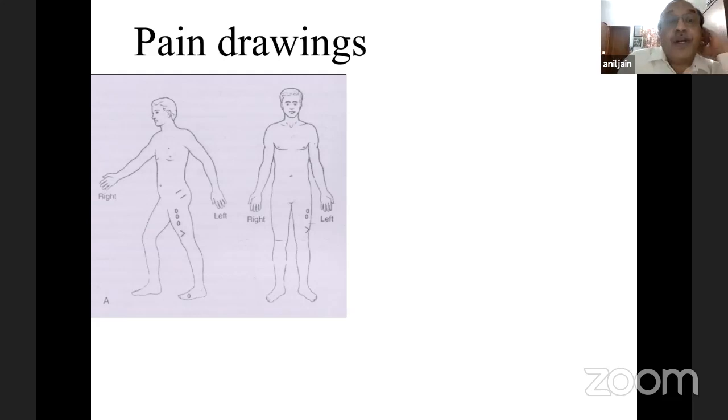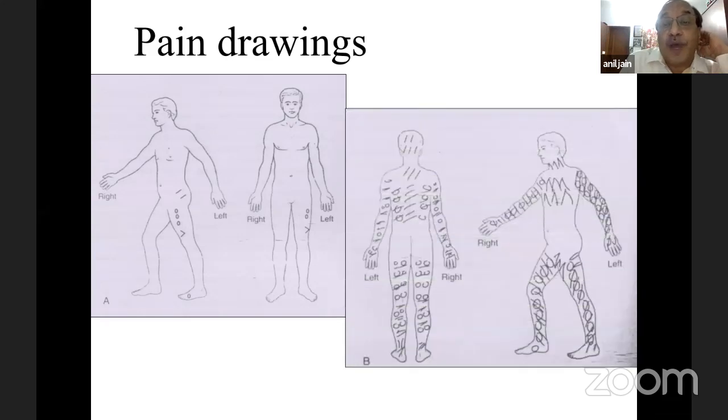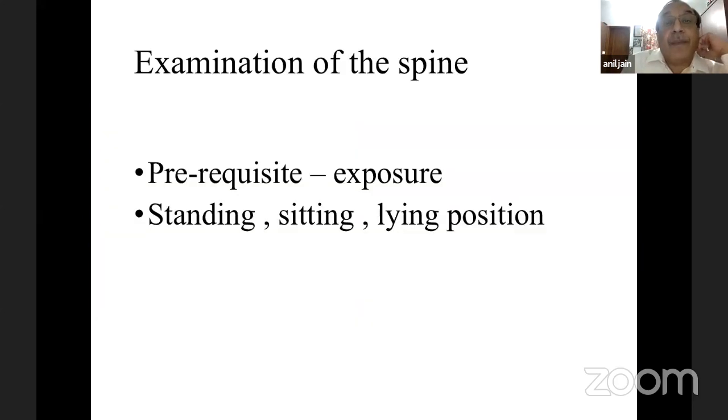So it is not a bad idea to give them a drawing like this and ask them to draw the location of pain on these pictures, depending on the severity. Patients who have this kind of picture are confused as far as describing pain, and such pain drawings are observed in psychogenic causes of back pain.